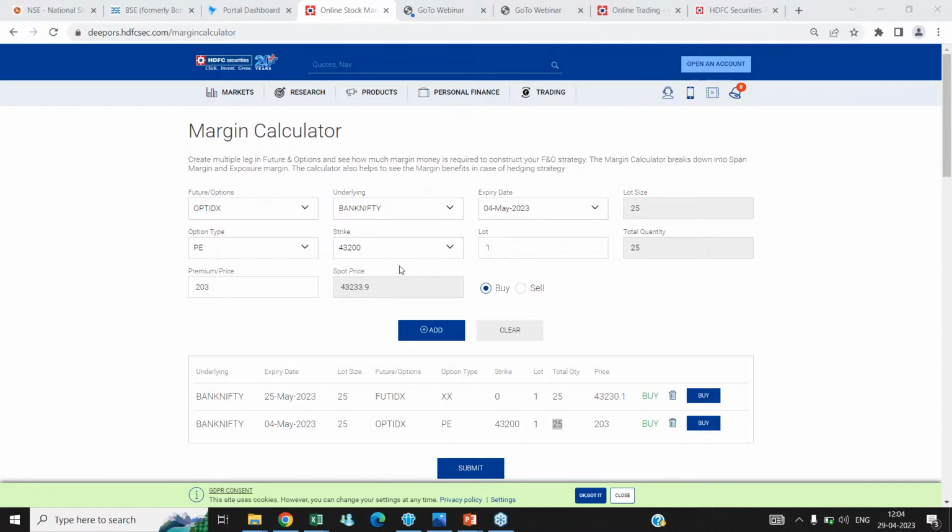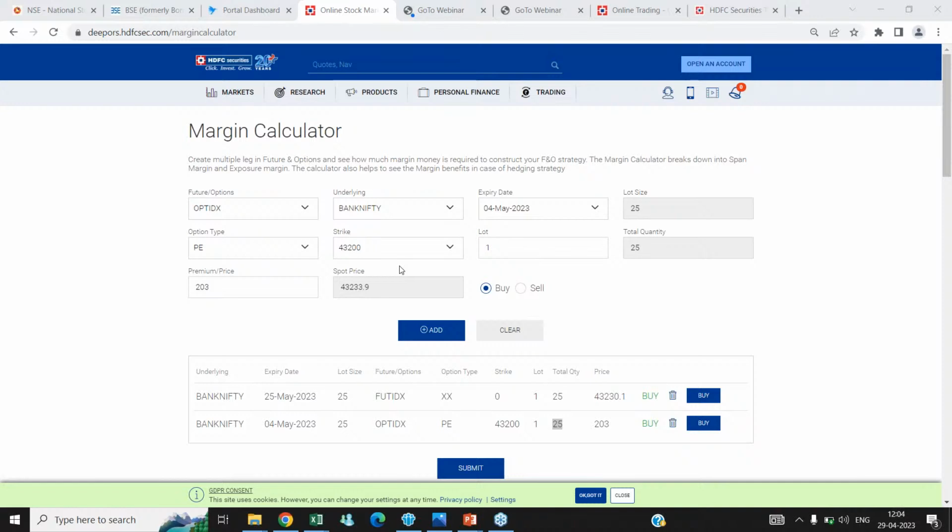Once you buy any kind of option, that particular amount will be blocked. If you have your bank account with HDFC, then that will be blocked in that journey. You don't need to transfer the funds. Only if the bank account is other than HDFC Bank do you need to transfer the funds.